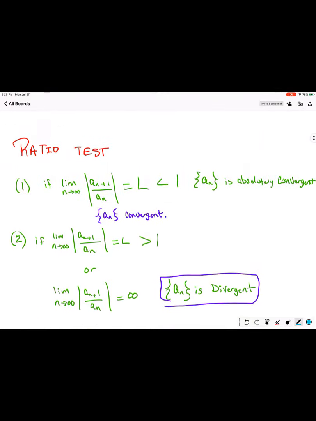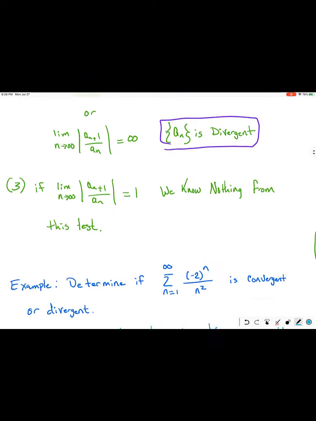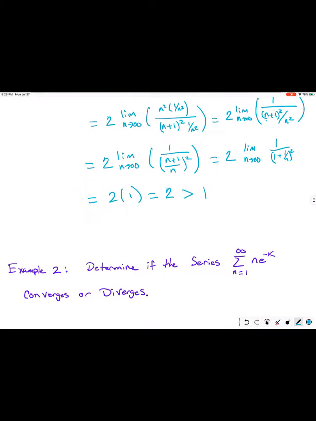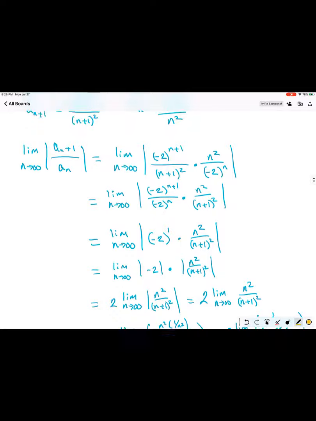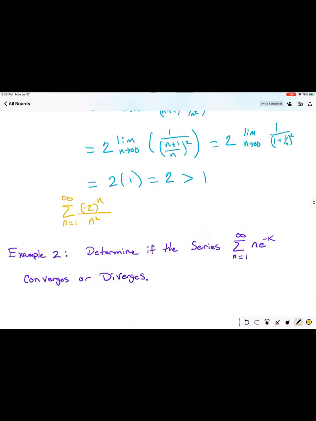And from my 3 cases of the ratio test, if the limit is bigger than 1, then the series is divergent. So from that, I'm going to make the conclusion that the sum from n equals 1 to infinity of minus 2 raised to the n over n squared is divergent.